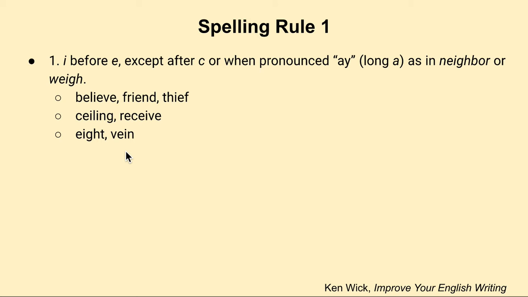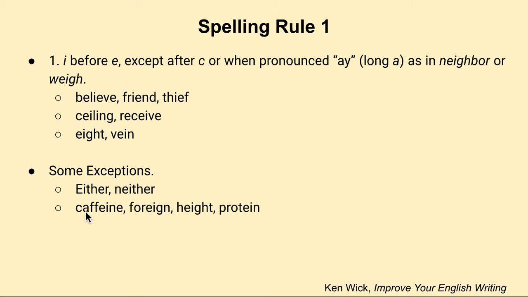But of course, like any other English rule, there seem to be exceptions. And there seem to be plenty of exceptions. Some notable exceptions are either, neither. These are common words. Caffeine, foreign, height, protein. Caffeine is definitely a common word.